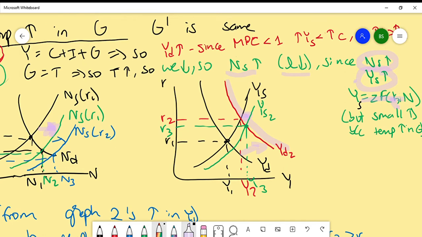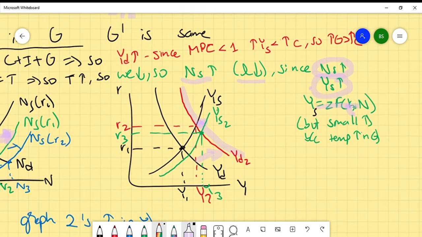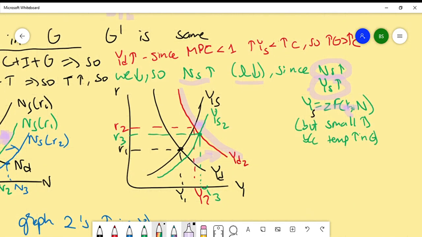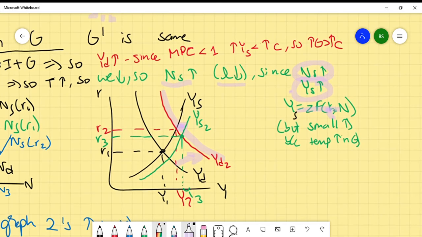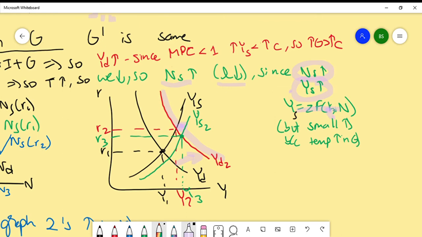I might save it or consume it in future periods and all that. So since the marginal propensity to consume is less than 1, an increase in the output will be more than an increase in the consumption.